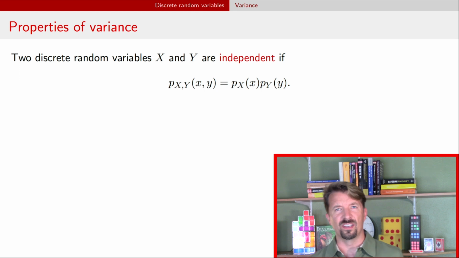Here are some properties of variances. And now this piece is important. The random variables x and y have to be independent in order for these properties to be true. We haven't talked about independence of random variables yet, but it's related to independence of events.